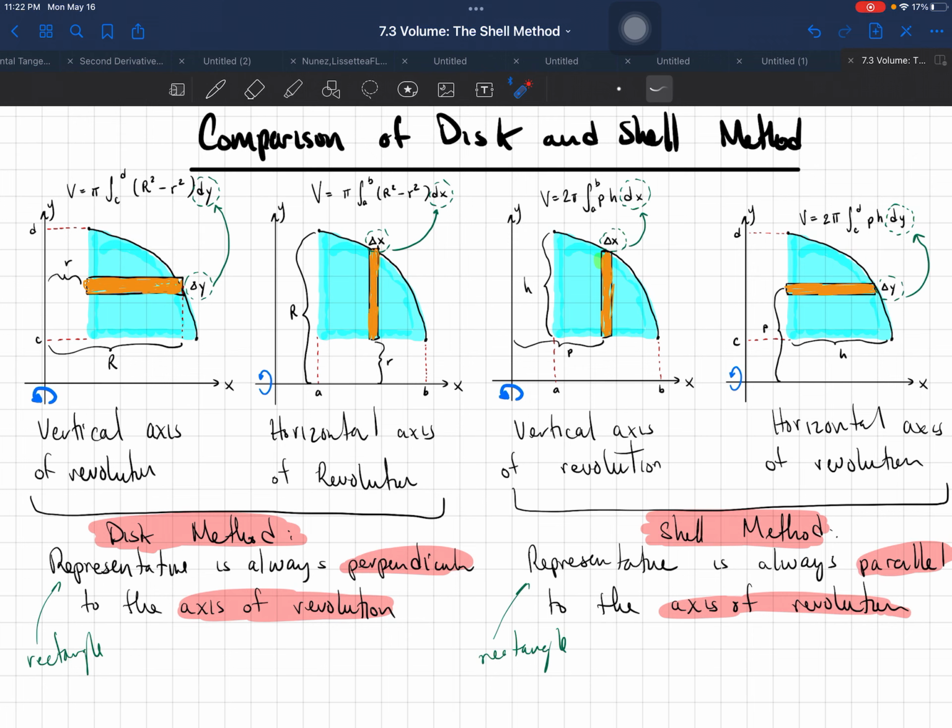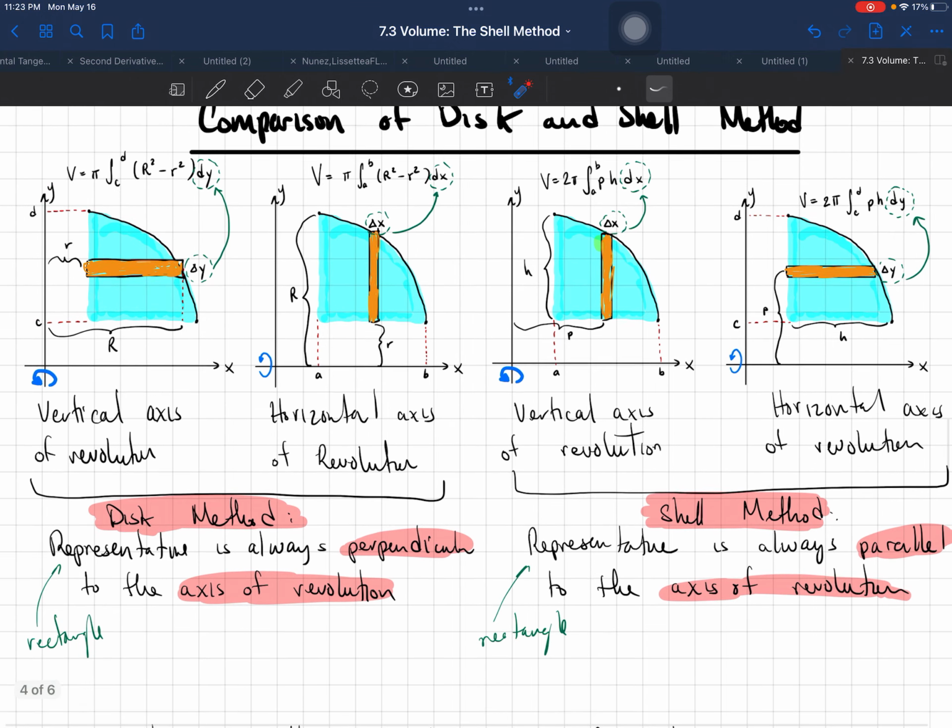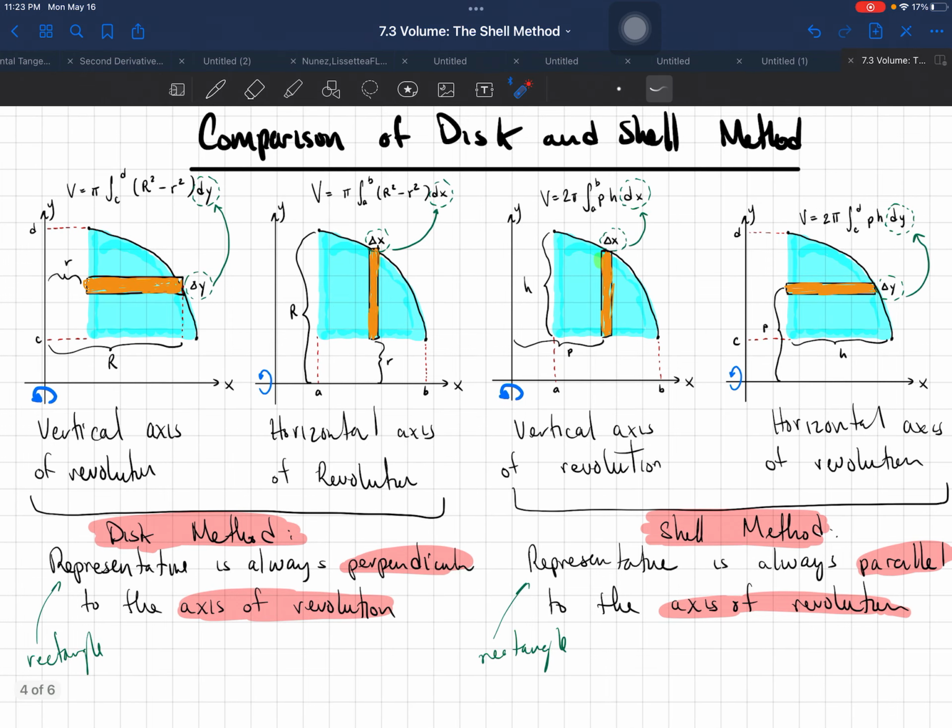So in this example, in this approach, we have a vertical axis of revolution, and we're going to use this method. In order for us to use this method, we have to create disks, right? And this disk will be created by rotating it here. So if you guys think about it, this is creating this method, right? And so what do we need for this method? We need two things.